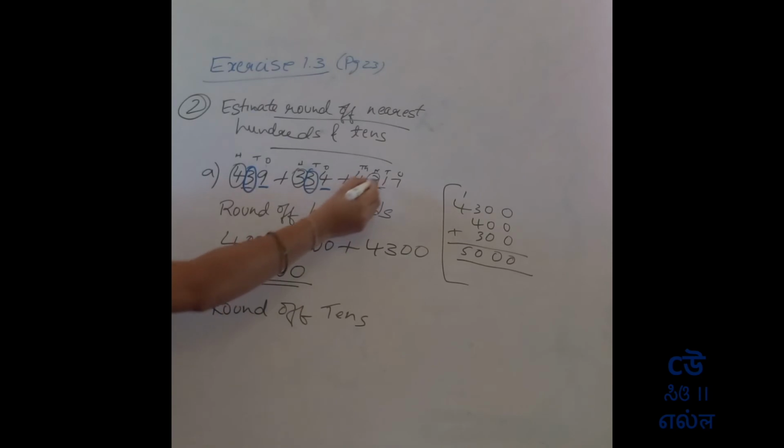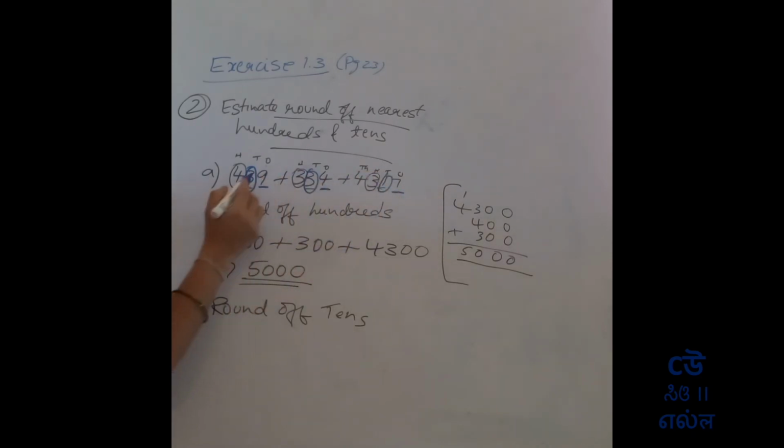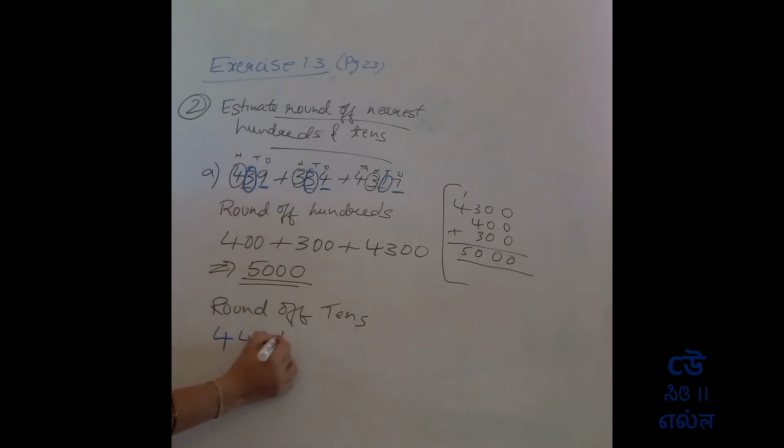So here tens place number we have 9. 9 is greater than 5. So 3 will be changed to 4 because 9 is greater than 5. Then 0, plus 3 remains as it is.